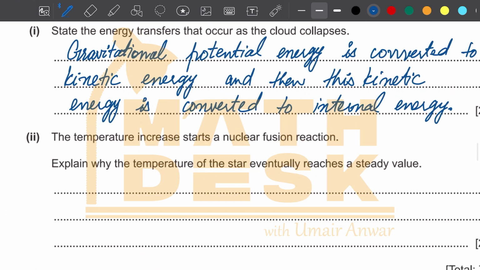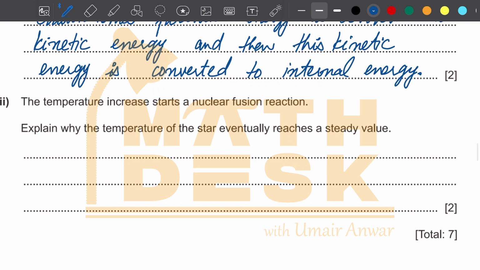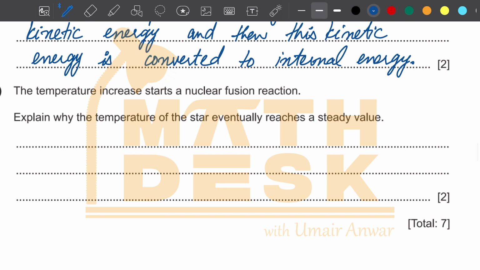The next part says the temperature increase starts a nuclear fusion reaction. Explain why the temperature of the star eventually reaches a steady value.